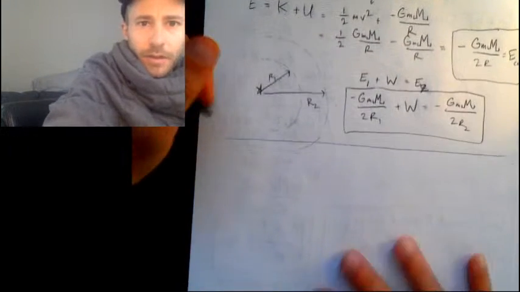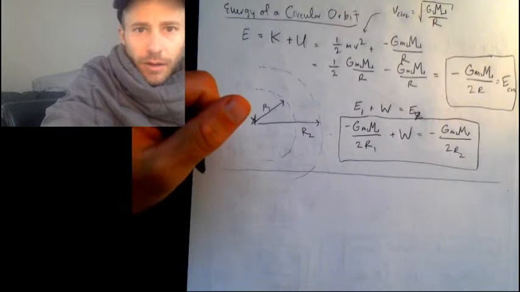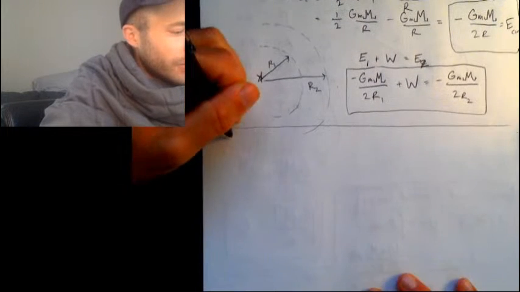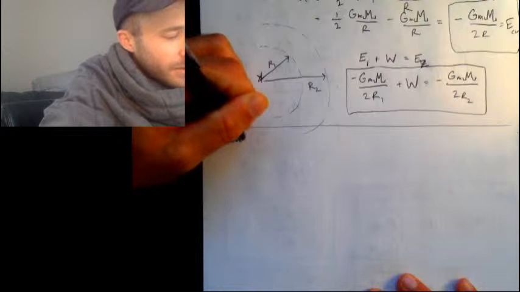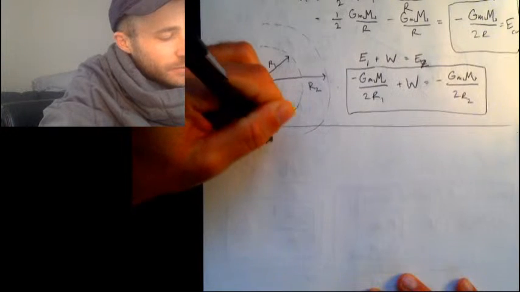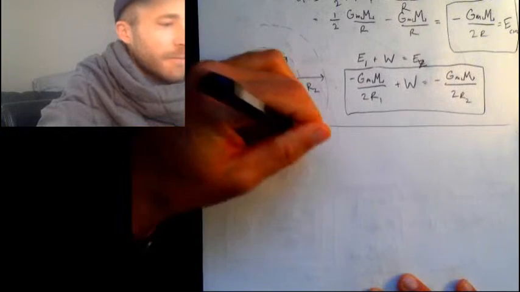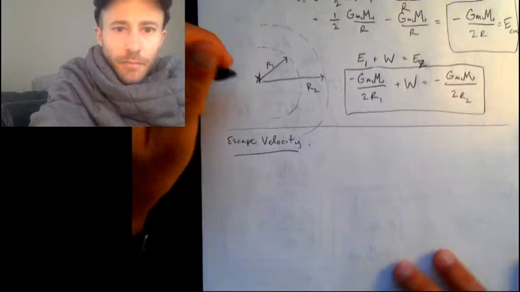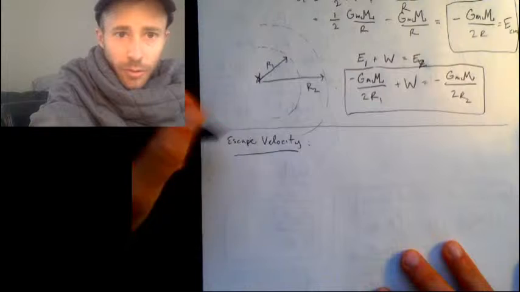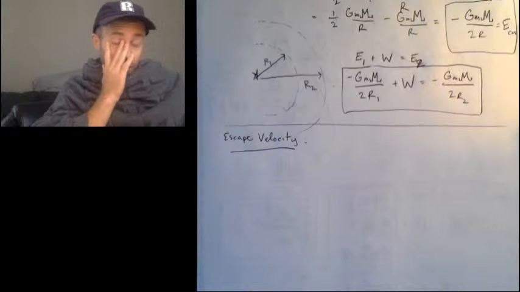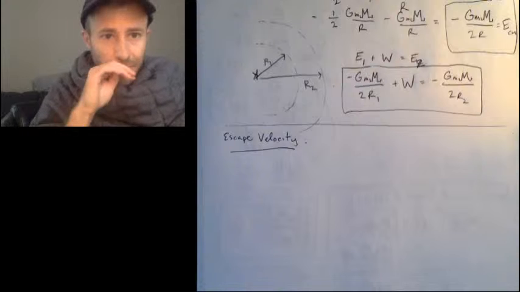All right. So another thing we can talk about is something called escape velocity. So what is the escape velocity? Well, if you were to throw something straight up into the air, gravity is not constant.